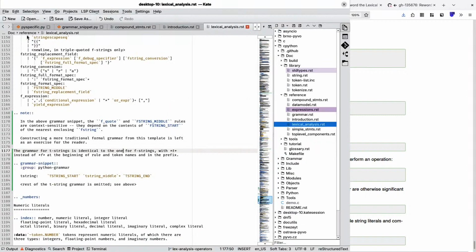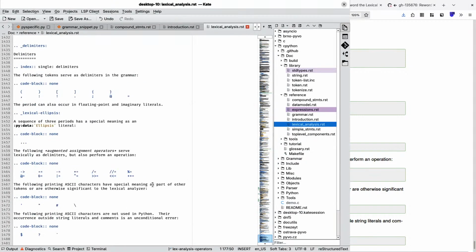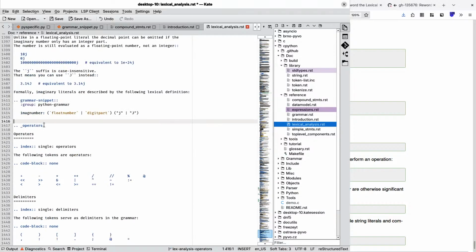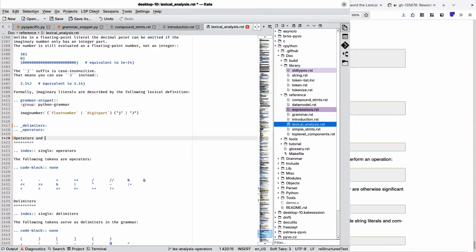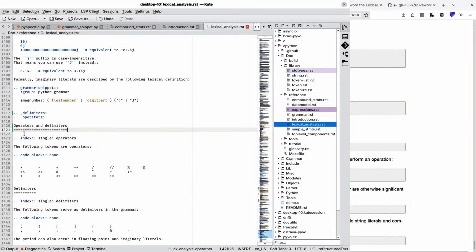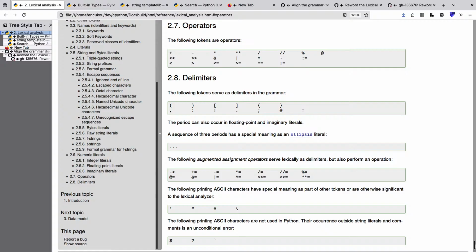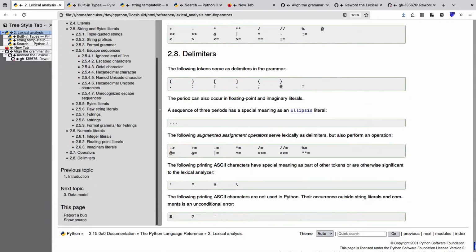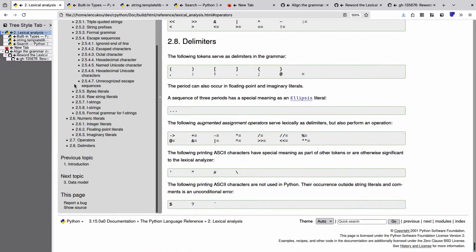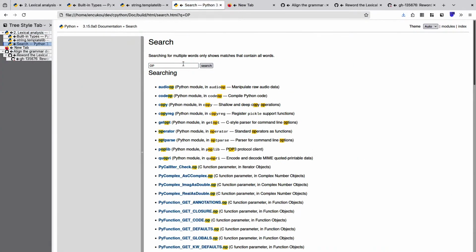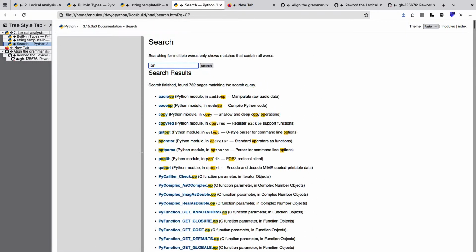So at this level, there's no difference between them. And we should probably say that all of these are covered by the OP token.